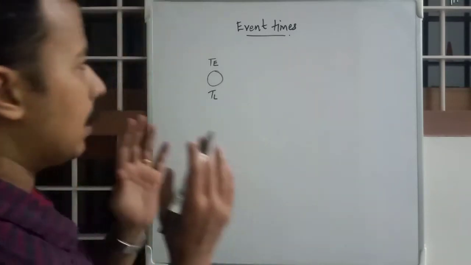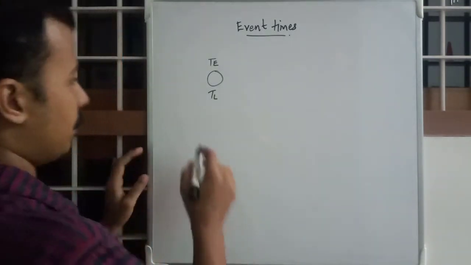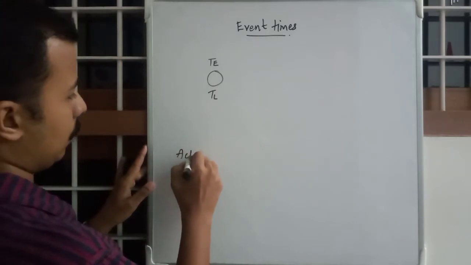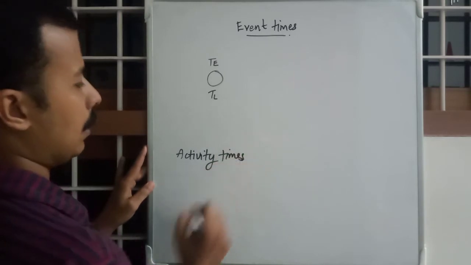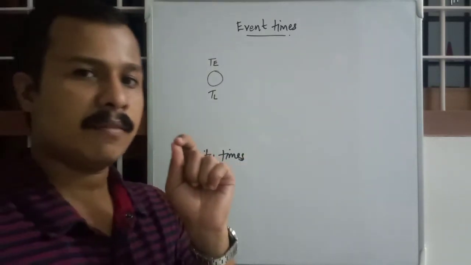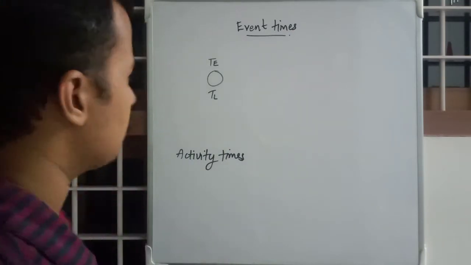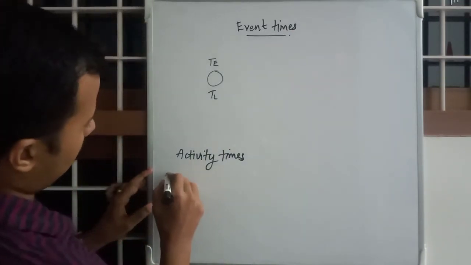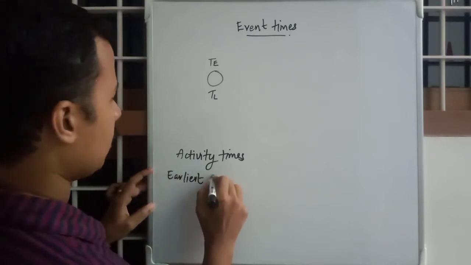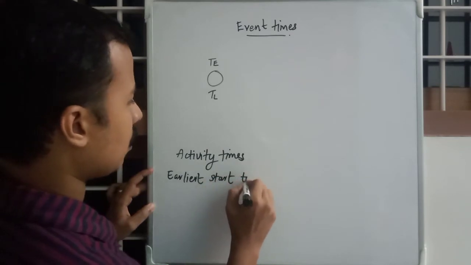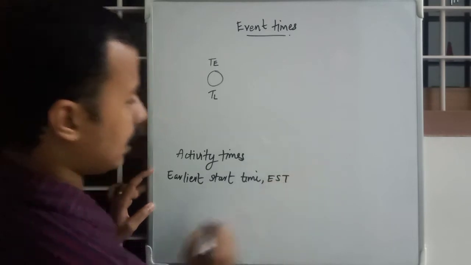So right now we are moving on to activity times. In activity times, we are discussing four parameters, and the first one is earliest start time, that is EST.